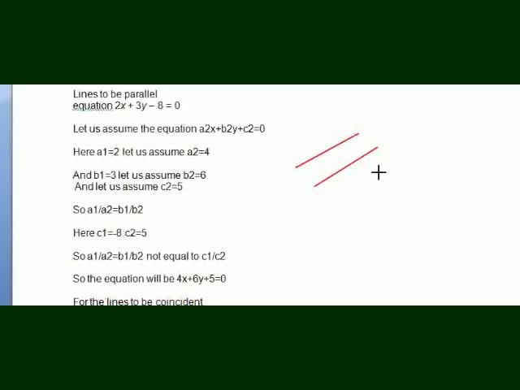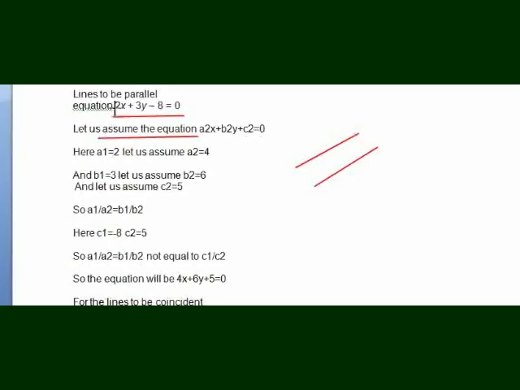Here we assume that the second equation is a2x plus b2y plus c2 is equal to 0, and this is compared with the first equation, a1x plus b1y plus c1 is equal to 0.